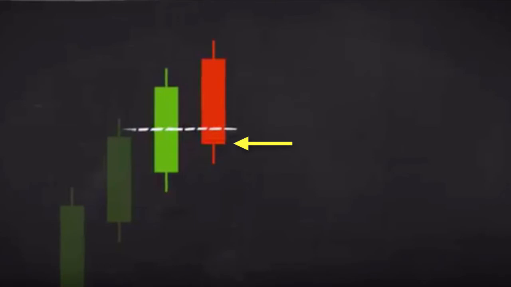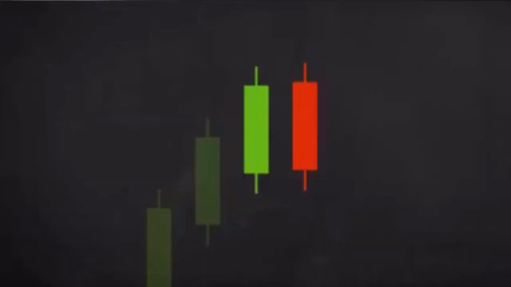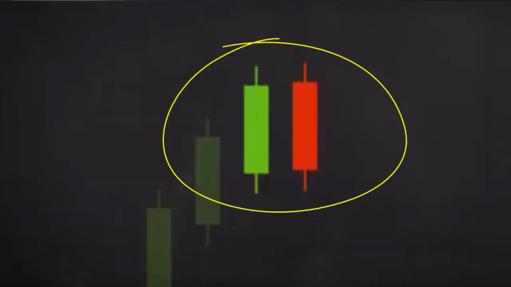It's a lot more rare than you think for a red to close higher than the green, so usually they're about the same, but it's definitely a signal that you would want to sell.